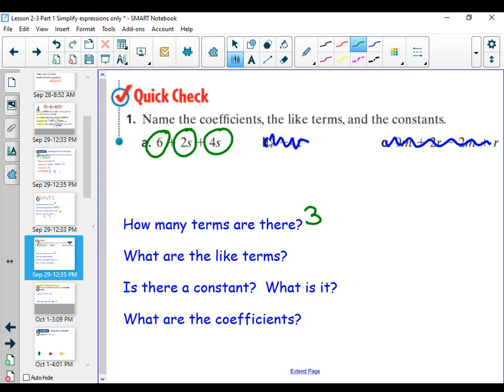What are the like terms? Identical variables, 2s and 4s. Is there a constant? What's a constant? Oh, no variable on a constant. Yep, I see it. What is it? 6.